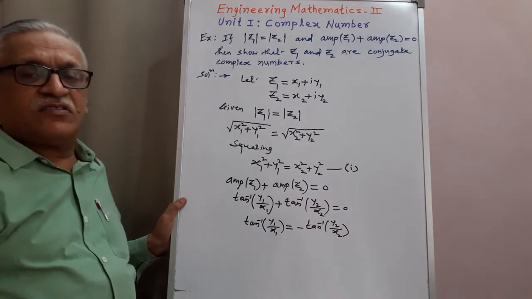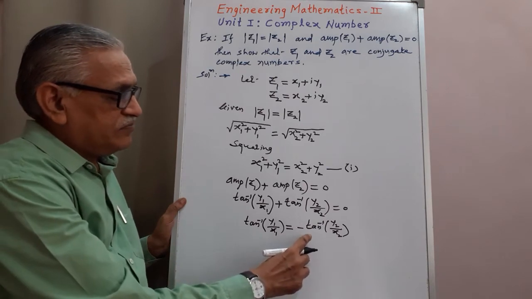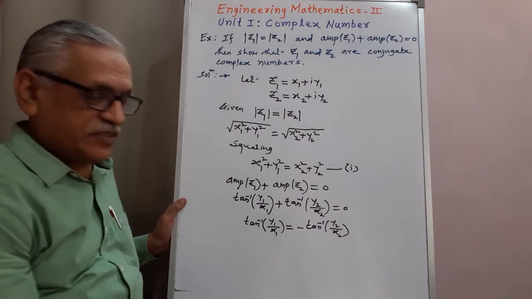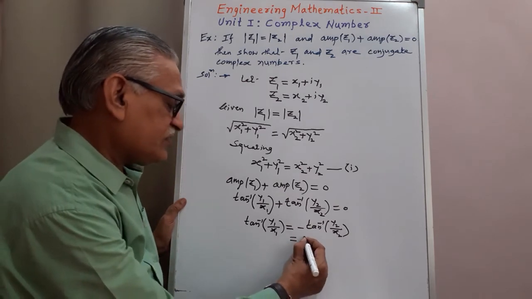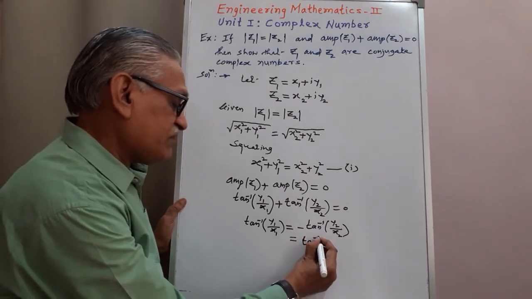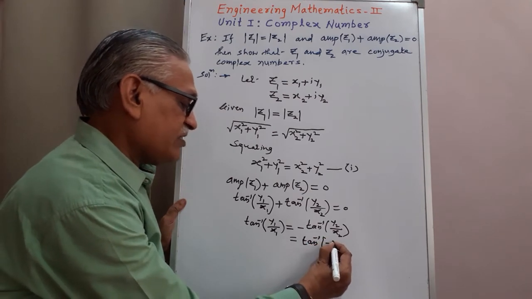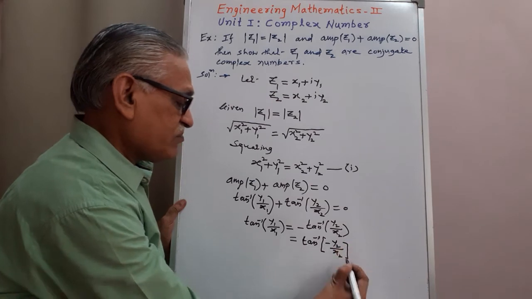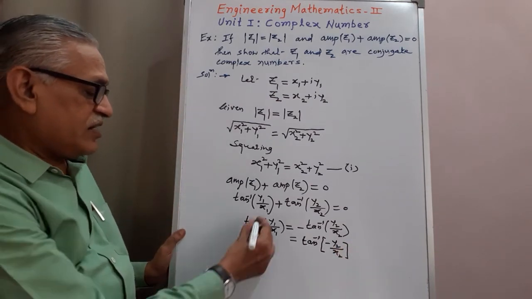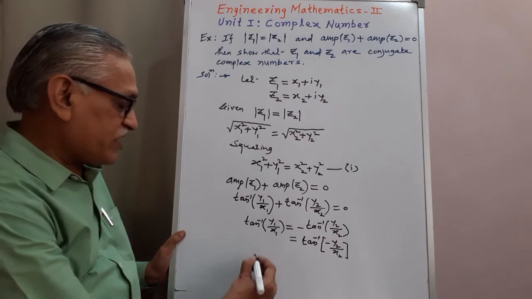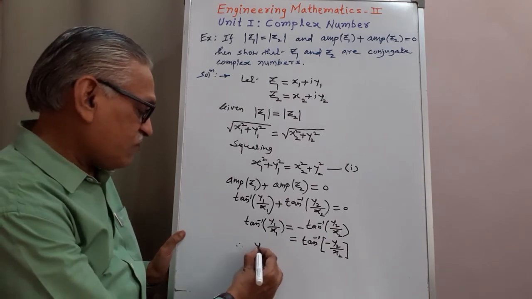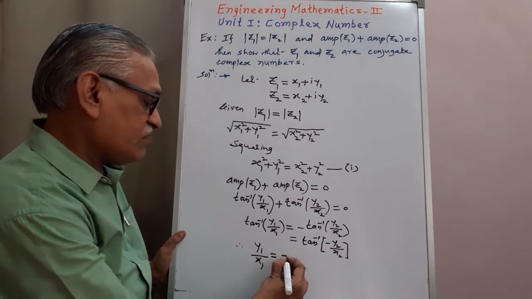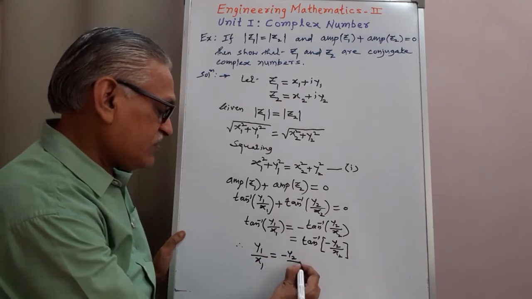And we know that minus tan inverse theta is tan inverse of minus theta, and therefore it is tan inverse of minus y2 upon x2. Tan inverse we can cancel on both sides, and therefore we get y1 upon x1 is equal to minus y2 upon x2.